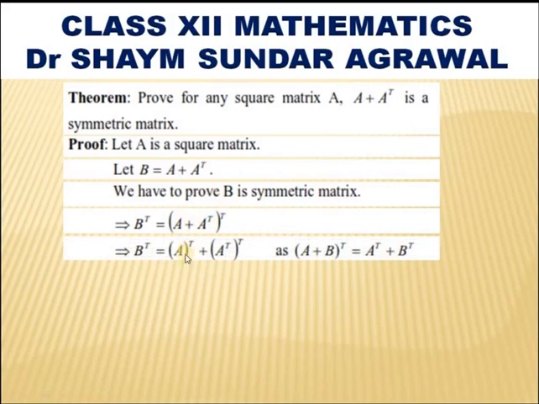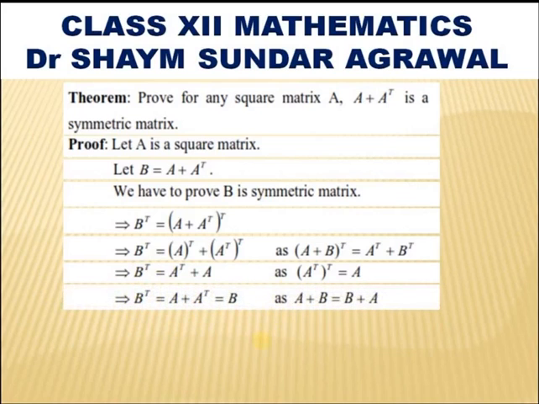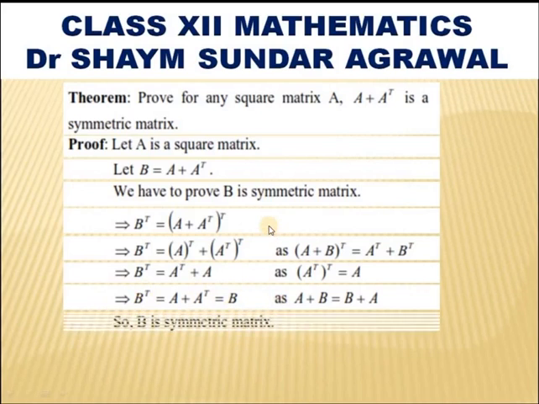So it can be written as A transpose plus (A transpose) transpose, and (A transpose) transpose is same as again matrix A. As A transpose of transpose is equal to A, and we know the sum of two matrices A plus B is the same as B plus A, we can write B transpose is equal to A plus A transpose, which is the same as our matrix B. So, B transpose is equal to B, meaning B is a symmetric matrix, and we have taken B as A plus A transpose.